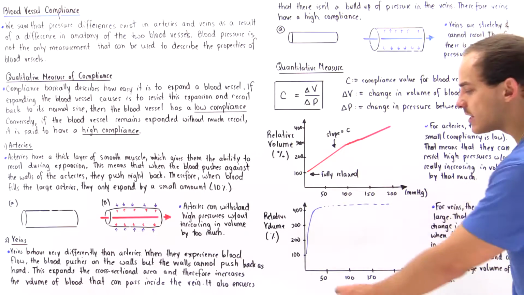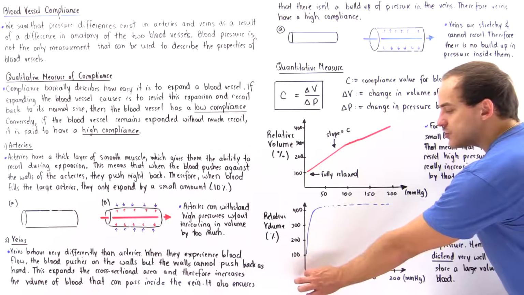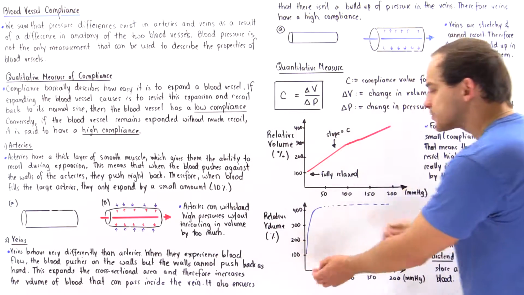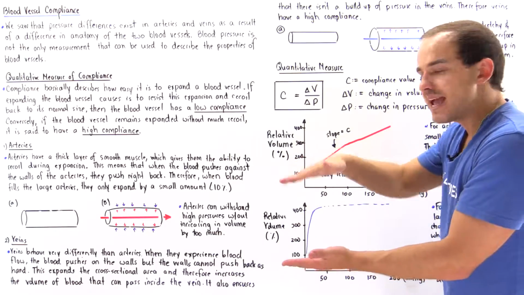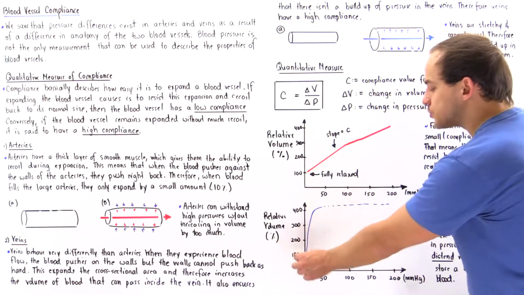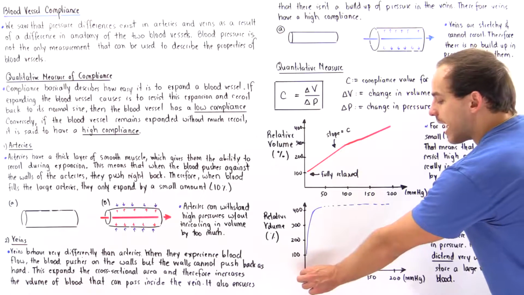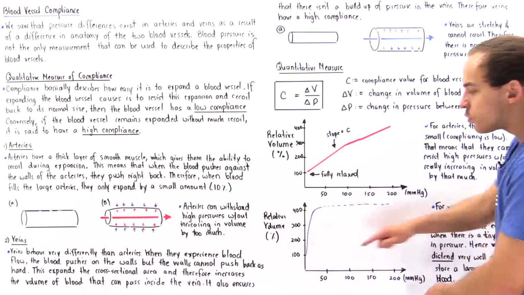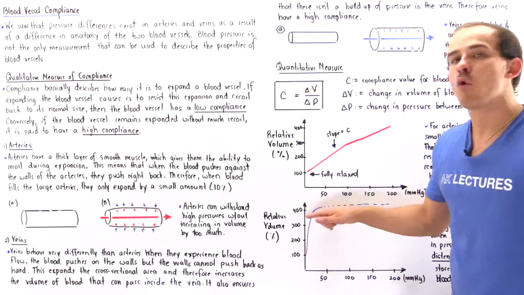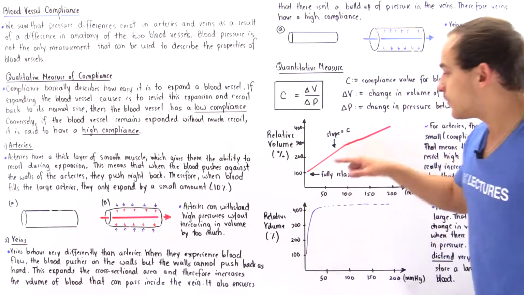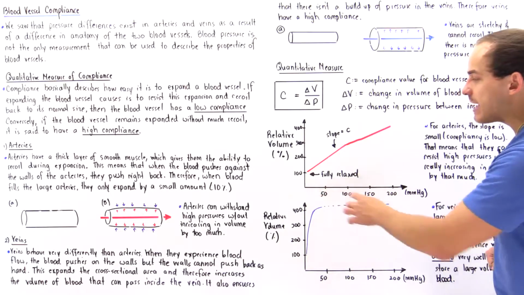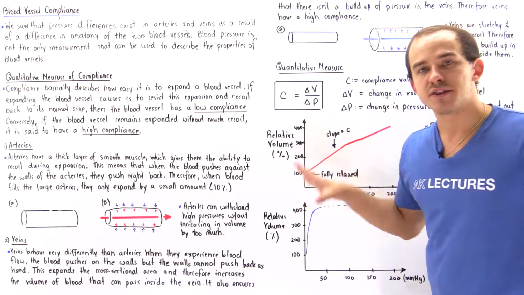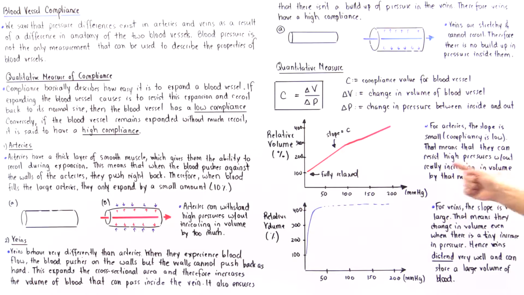On the other hand, a very tiny change in pressure, if we even apply the slightest pressure to our veins, they will easily expand by a great percentage. So even a small application, let's say 25 millimeters of mercury, will increase it by about 400%, versus in this case, a 25% increase in pressure does not actually increase it by that much.